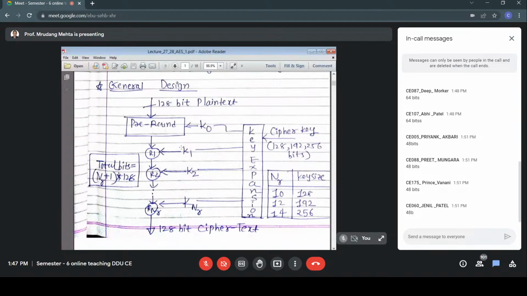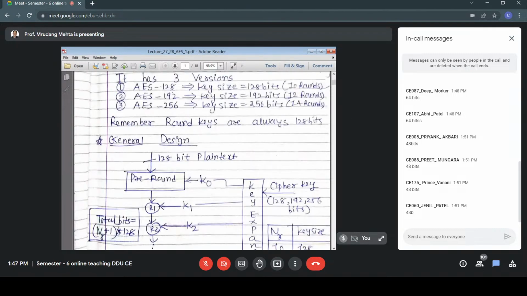In the general design of AES, you can see that one element is the key expansion block. There is a 128-bit plain text, a block of 128 bits, given as an input, and key expansion has an input of the cipher key.